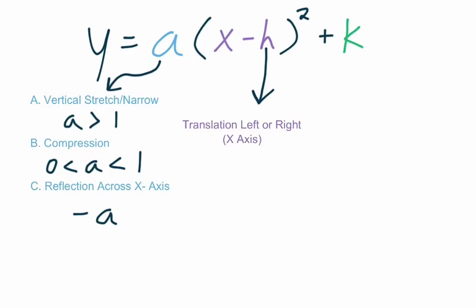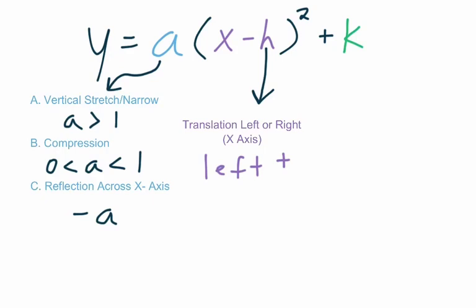Basically, it's going to move left whenever the value in the H is positive. I know that seems a little backwards, but just trust me on this.